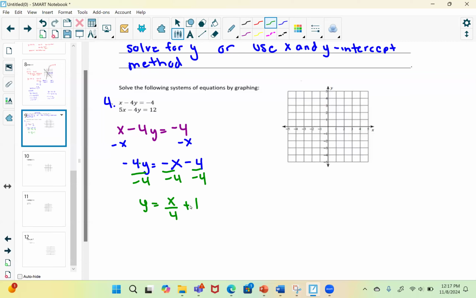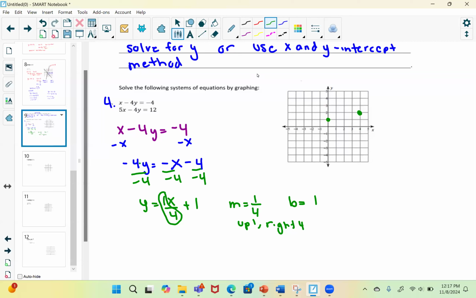And so I'm going to graph this. So remember, this is a 1 in front of the x. So my m is 1/4. This is the entire number in front of the x. That is the slope. My b is 1. So we graph 1 for the b. Then we're going to do rise over run. We do up 1, right 4. Up 1, right 4.